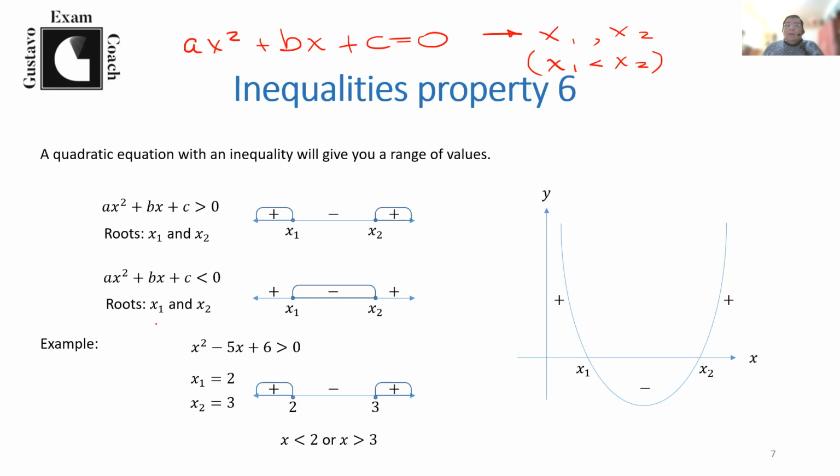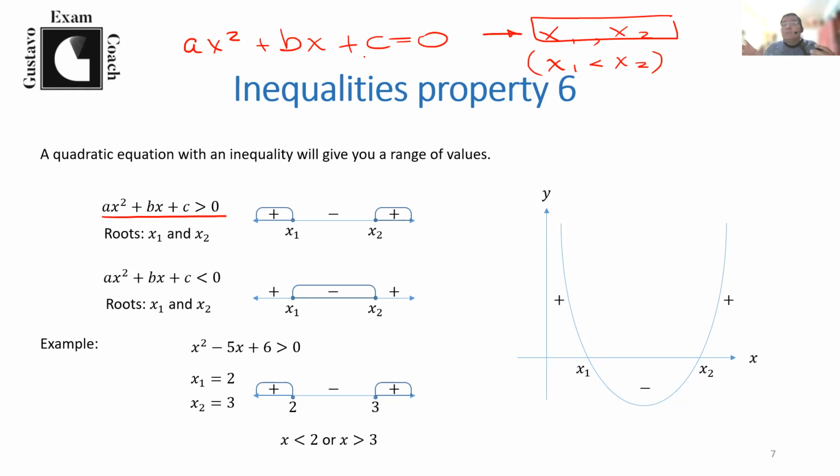So, what can we learn from these results? If I want to solve an inequality of the form ax squared plus bx plus c is greater than 0, you can directly generate the solution set for all possible values of x that satisfy the inequality. Once you find the roots x1 and x2 corresponding to the quadratic equation, in which quadratic equation?